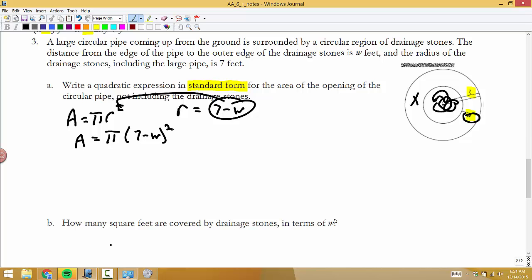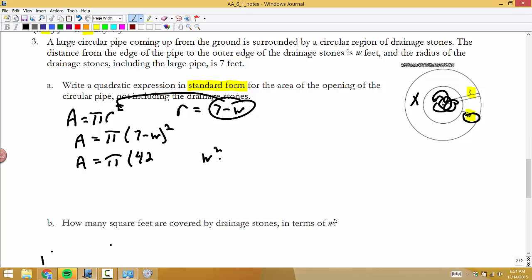Now, what I'm going to do is use my binomial square theorem here, and I've got to do that first before I distribute the pi. So I'm going to say 7 squared, which is 49. Then I do the last term squared, which is w squared.